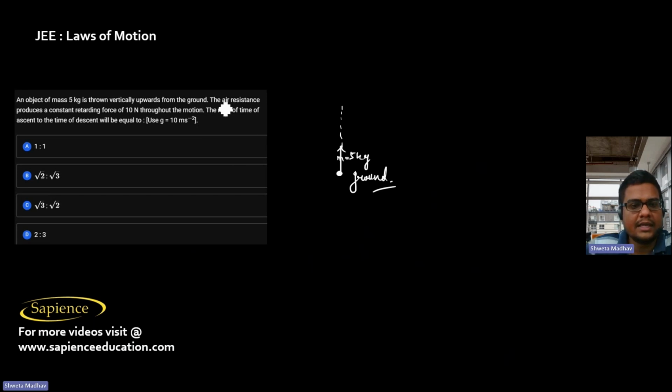Then the air resistance produces a constant retarding force of 10 Newton throughout the motion. The ratio of time of ascent to the time of descent will be? So the retarding force is always acting opposite to the velocity of the object.